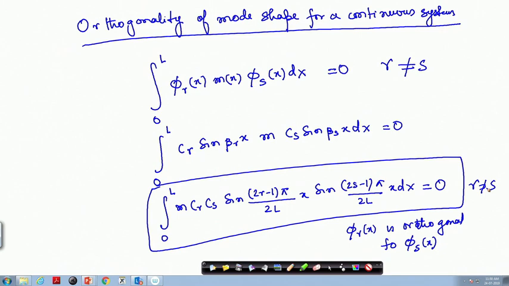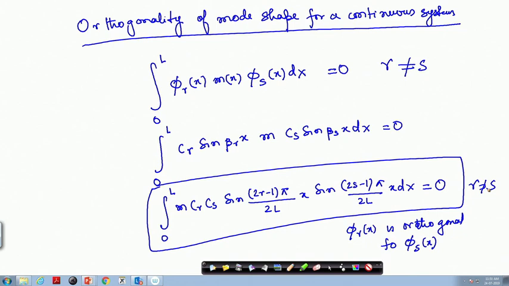We will prove why the mode shapes are orthogonal, and why the orthogonality is of this given form, in some time, but right now let us just write down and understand the expression for orthogonality for a continuous system.